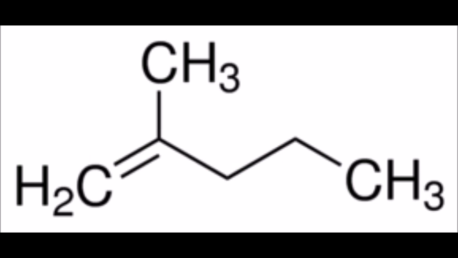So the nearest here is a double bond. The name for this line formula is 2-methyl-1-pentene. 2-methyl since the substituent is located at the second, while 1-pentene since its double bond is located at the first.